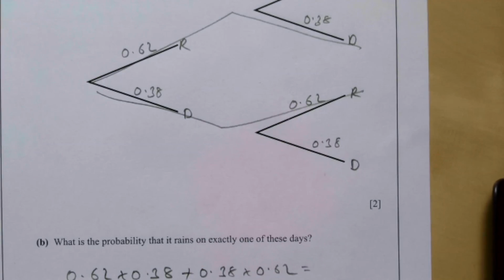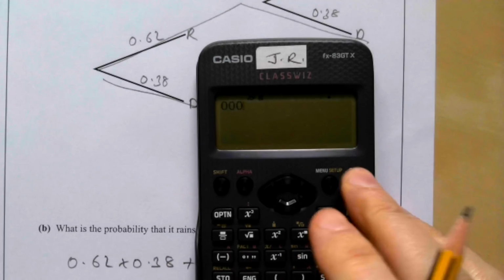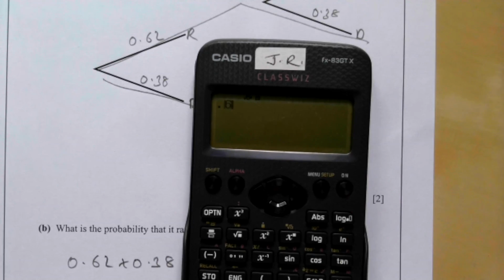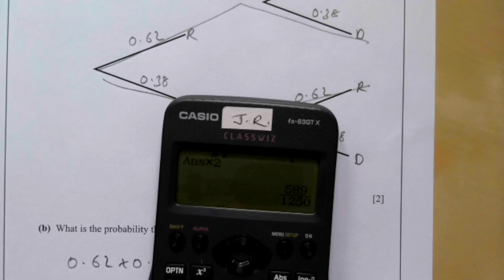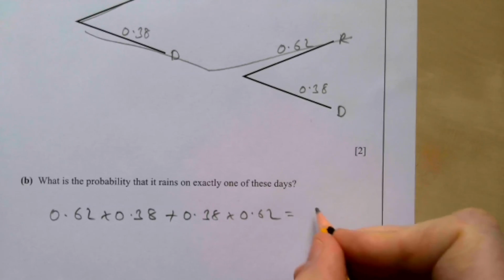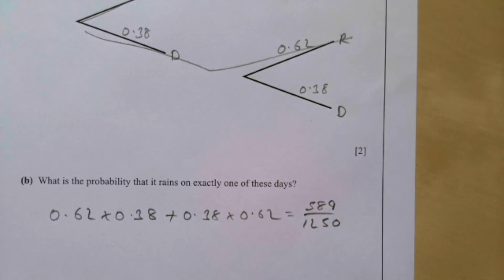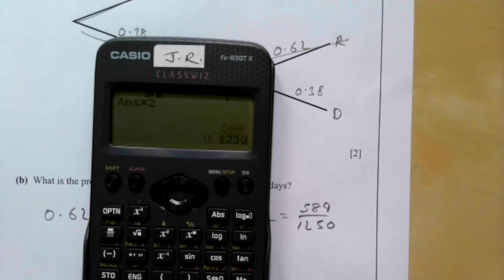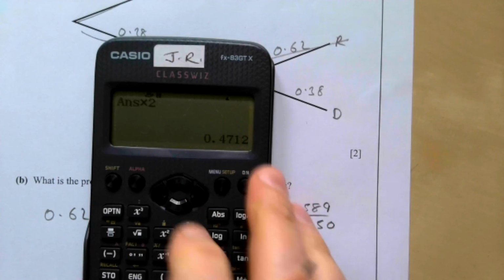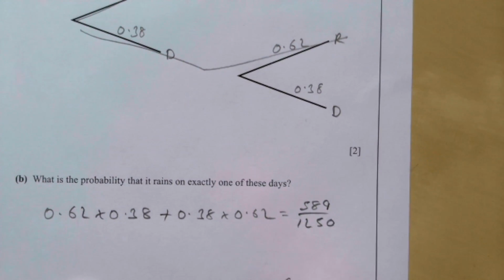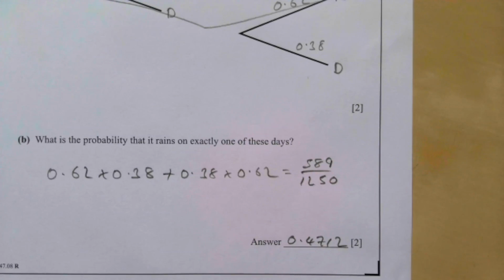So it's actually the same thing twice, 0.62 times 0.38, so I'm just going to times that by 2. 0.62 times 0.38, we get that, and then times that by 2, get 589 over 1250. And if we want that as a decimal, I guess the question's given this in decimals, 0.4712. And that's us.